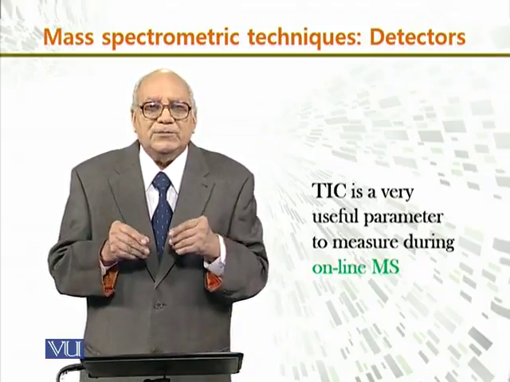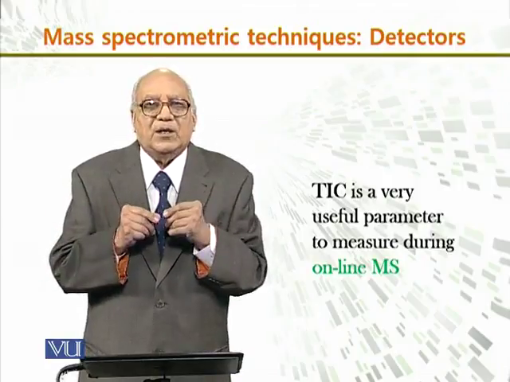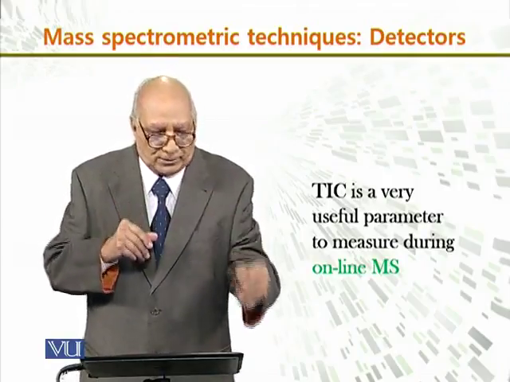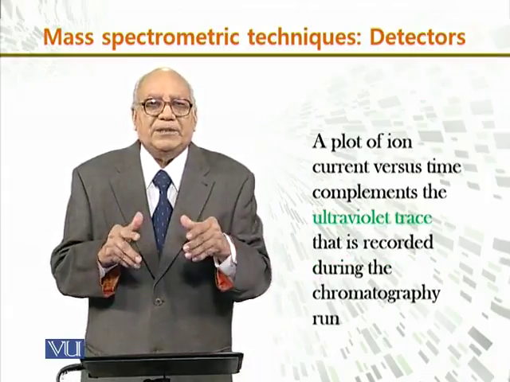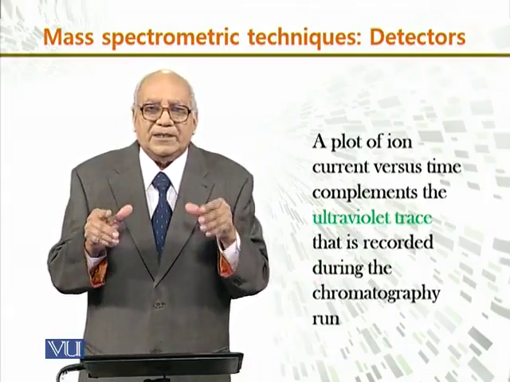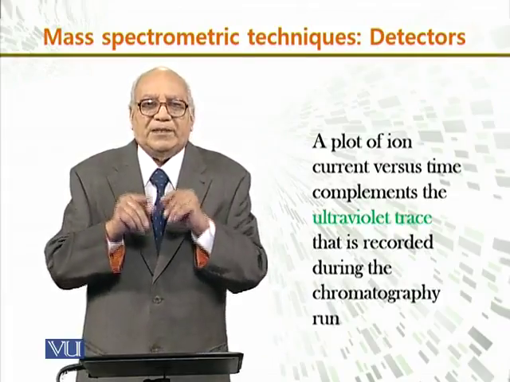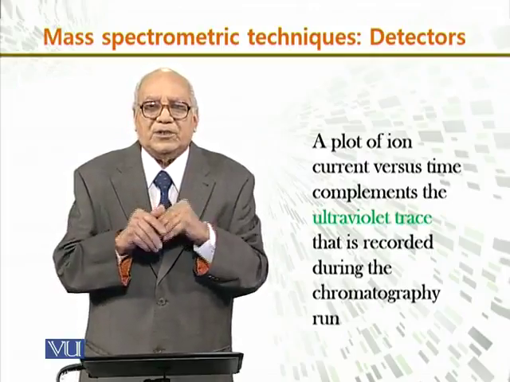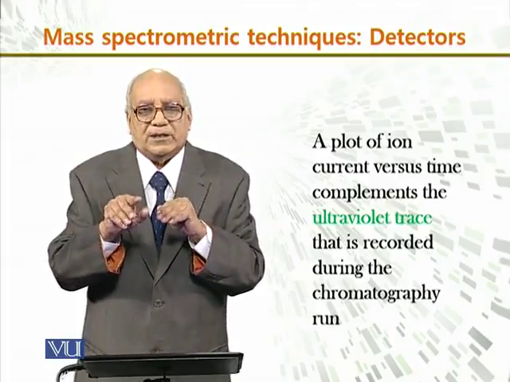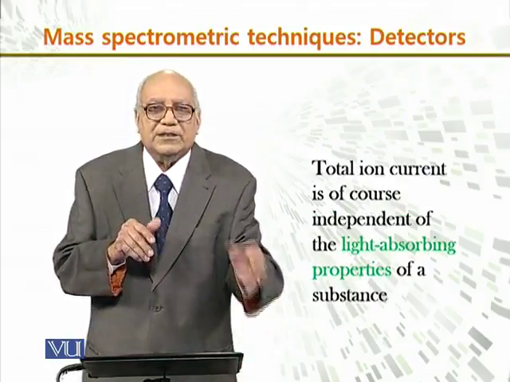Now, TIC is a very useful parameter to measure during online mass spectrometry. A plot of ion current versus time complements the ultraviolet trace that is recorded during the chromatography run. That is, it is associated with that.